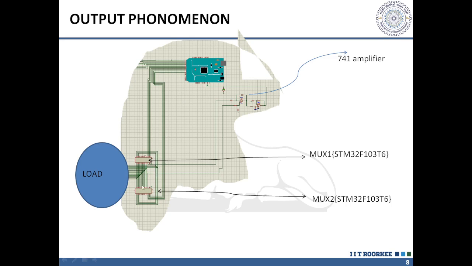By selecting the select lines of the mux, we decide which electrodes are going to give the voltage at a time to this differential amplifier.